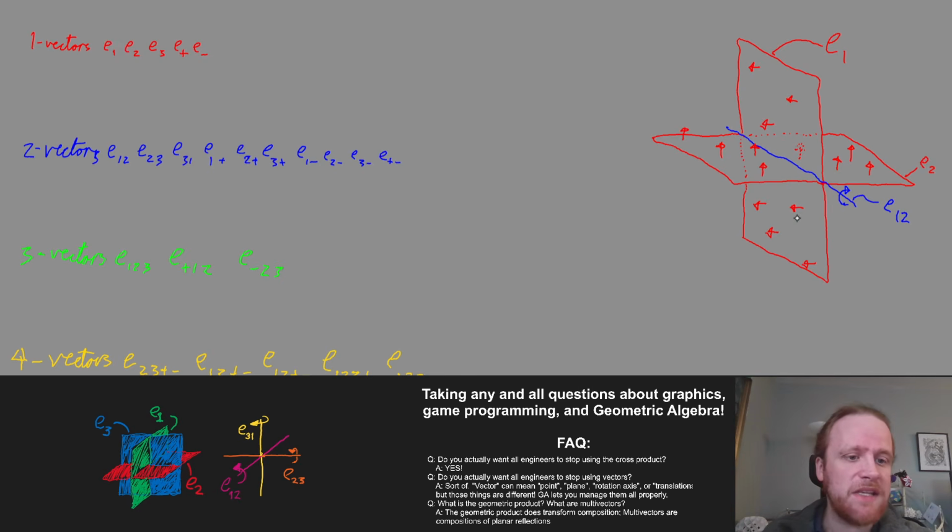If you take this arrow here that's on E1, and this arrow here that's on E2, and you join them up, and you go by twice the angle between them, then you get this one. You get this little arrow here. And it's not just in one place, it's like that.